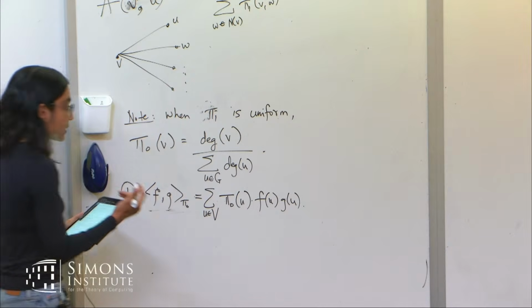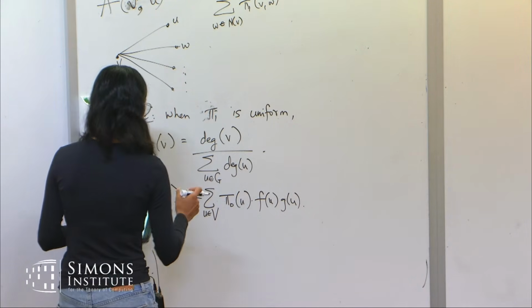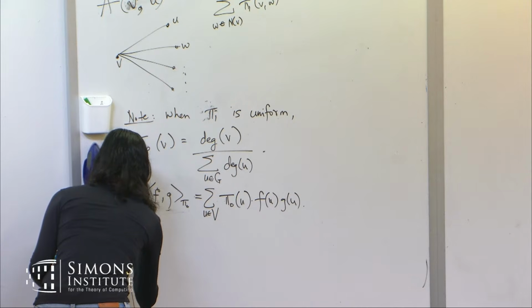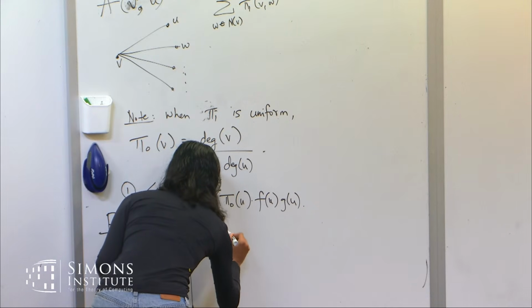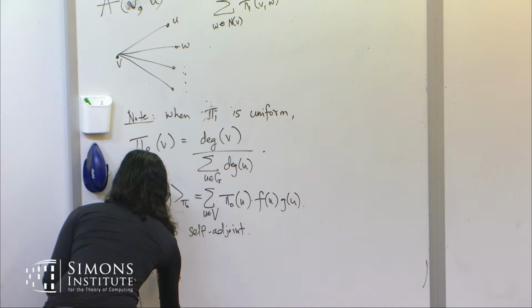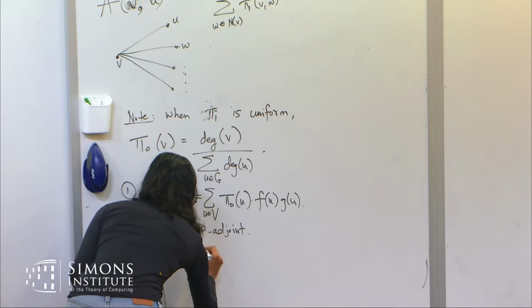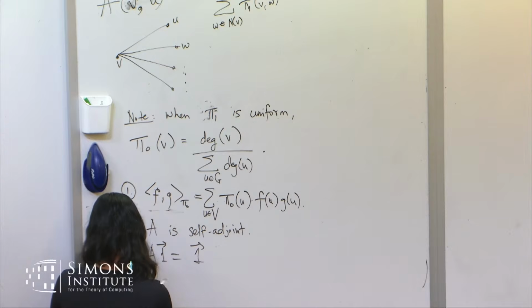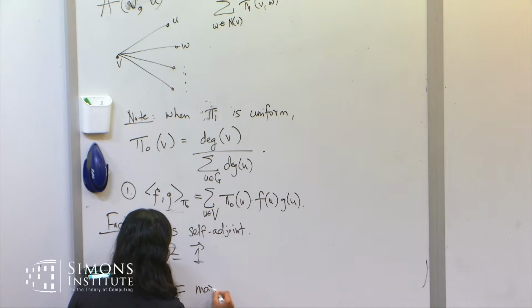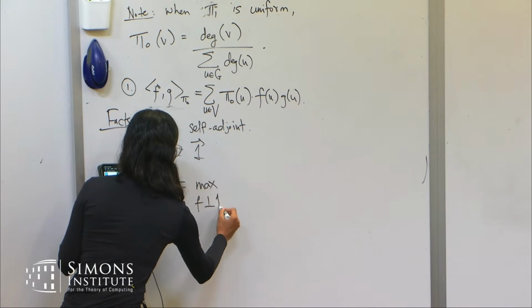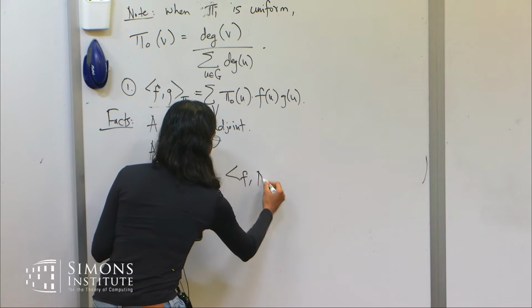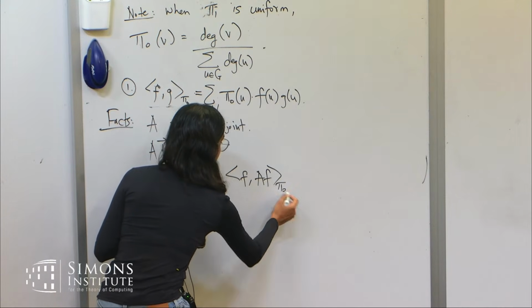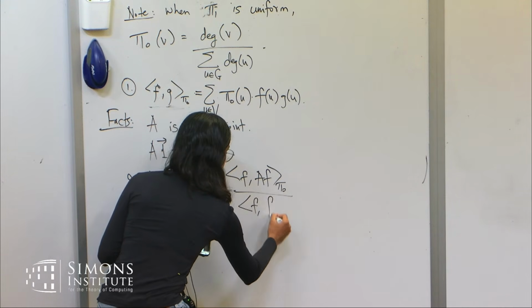And now with respect to this inner product, you have that A is self-adjoint, A of the vector 1 is equal to 1, and also lambda 2 of A is equal to the max over all functions f perpendicular to the one vector of the inner product of A f and f in the pi 0 norm, divided by the inner product of f and f.